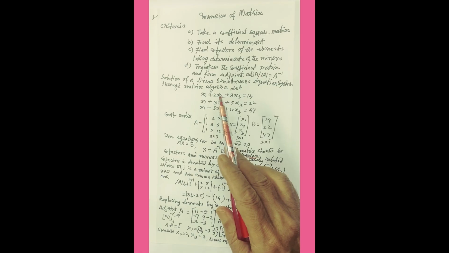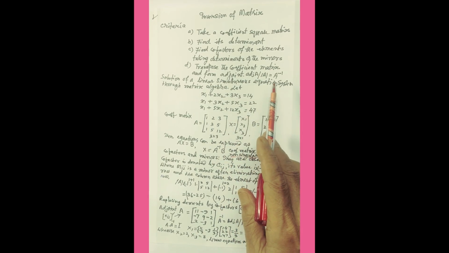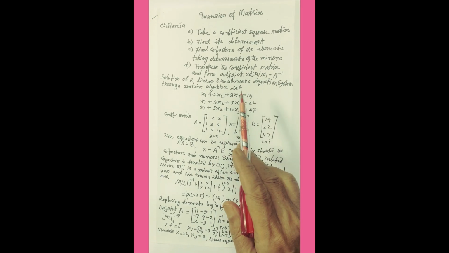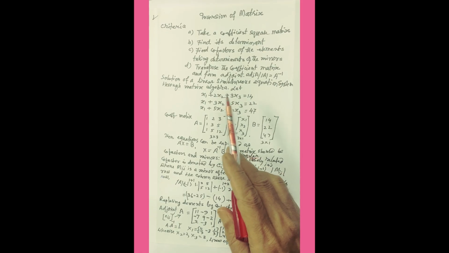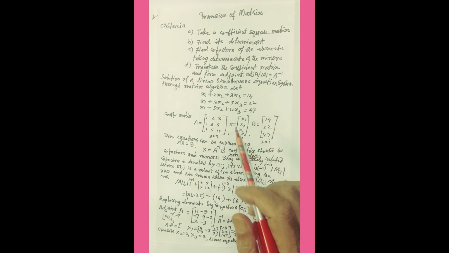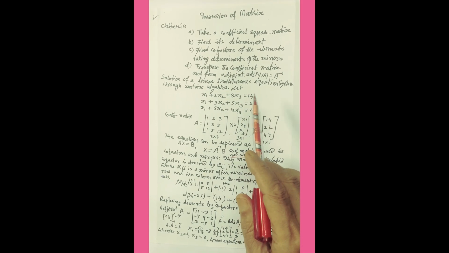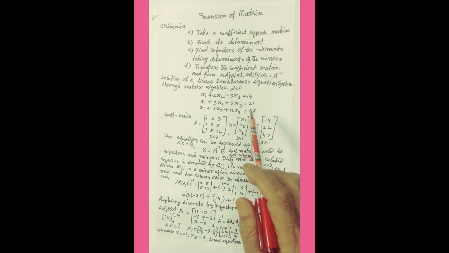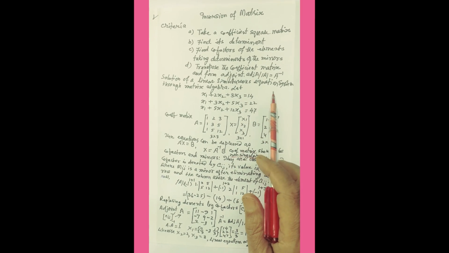Then take the determinants of the minors of the cofactors. When we eliminate the row and the column where the element stands, we get the minor, then the determinant of the minor.